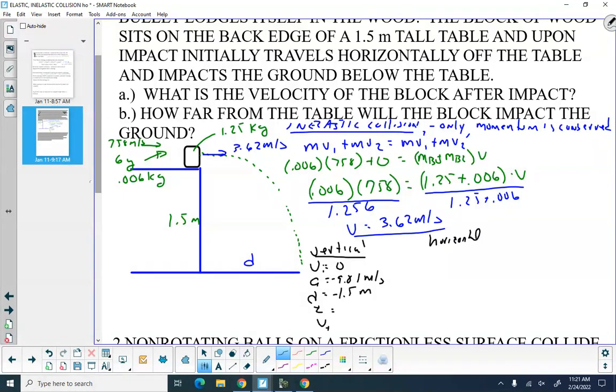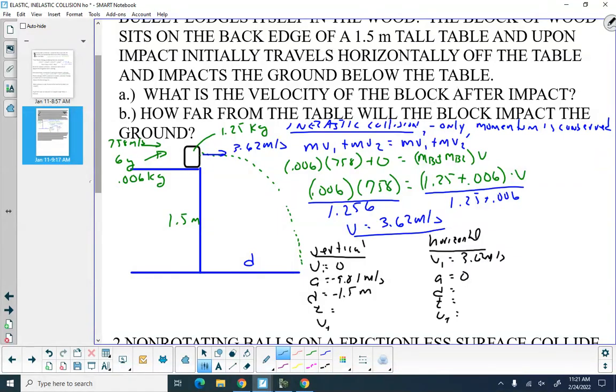Anybody remember what we solved for first? Horizontally, we have an initial velocity of 3.62 meters per second and no acceleration. We don't know displacement, time, or final velocity.